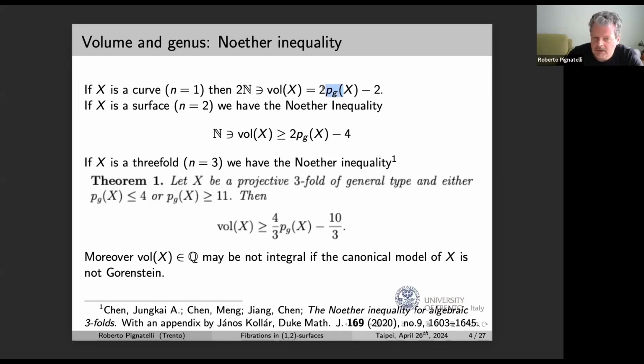So it's an even number, and the minimal genus of general type is 2, and the volume is 2, otherwise 2g minus 2. If we move to surfaces, it was already known to Max Noether that there is no more. So in dimension 1 the two invariants are essentially equivalent. There is a linear relation among them.